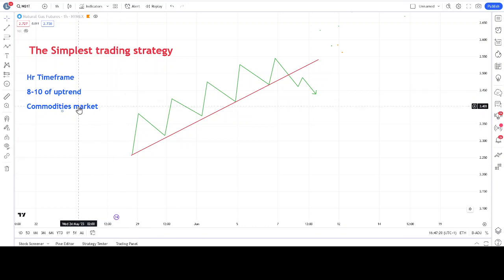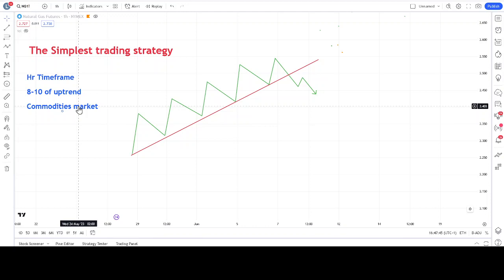The next thing is we try to implement the strategy in the commodities market, because I've seen the commodities market respect technicals more than stocks. Because if we see stocks falling down, there might be some fund manager waiting for a particular price, and we don't know if he is looking for that price, and he just gets into the market and buys, which actually breaks our strategy.